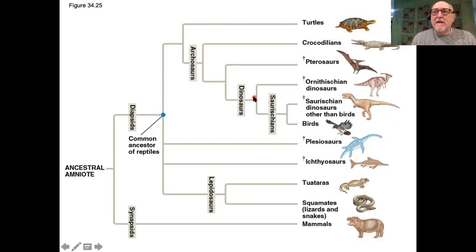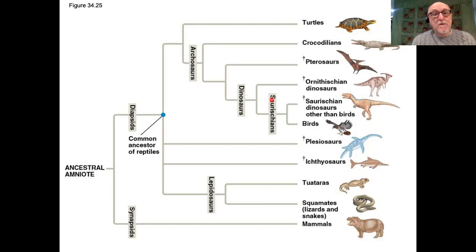I unfortunately can't spend a lot of time discussing them, but obviously a huge and very fascinating group, and they lived for more than 100 million years or so. They were a dominant group in terrestrial systems. They varied.